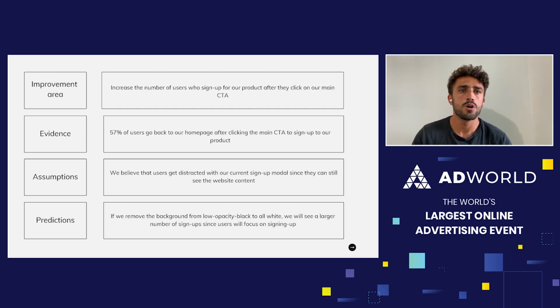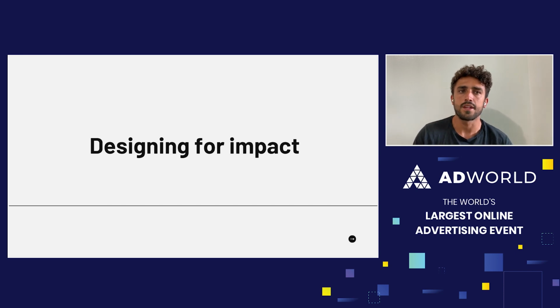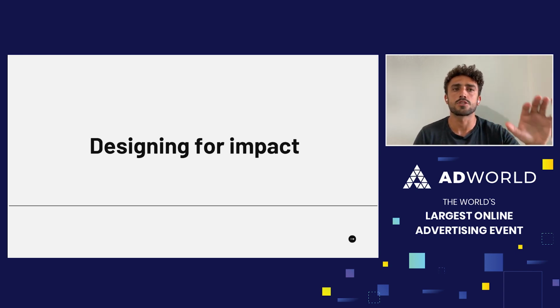So now that we know all of that, it's time to design it. And that's a super important part of experimentation, because we need to design with impact in mind. So the creative team and you as the PM, or the person leading the experimentation effort, should work very closely with your creative team to make sure that we're taking all the experiment structure into consideration when designing the variants.